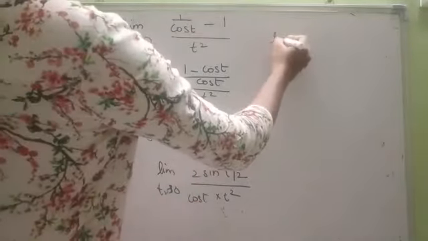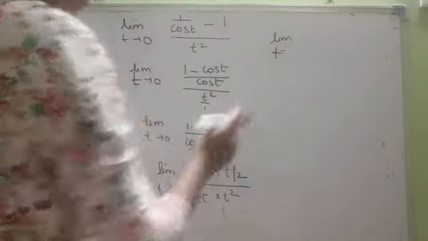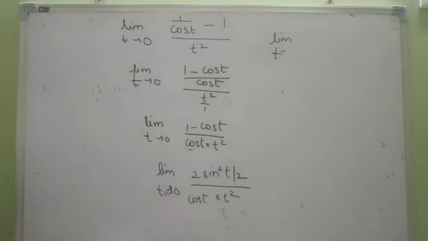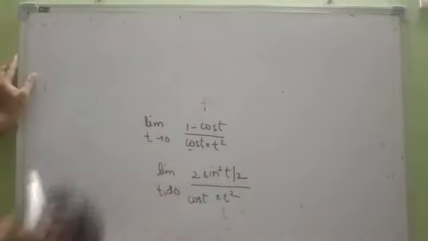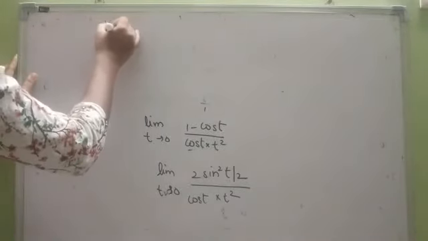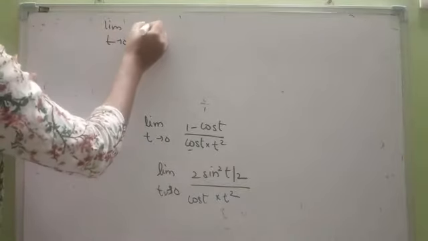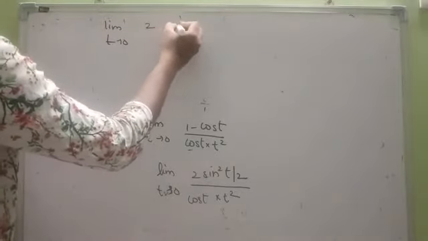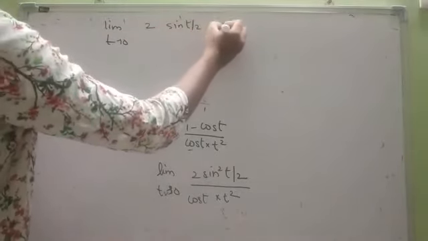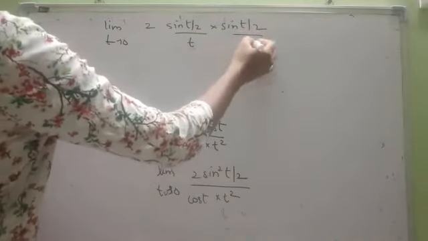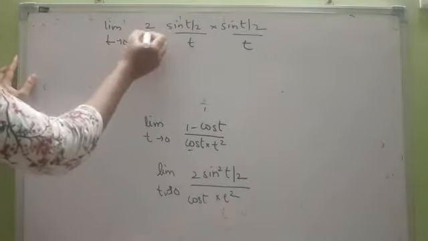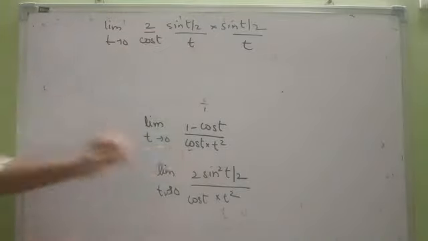Now this will be limit t tending to 0, sin square can be written 2 times sin of t by 2 into sin of t by 2 upon t. Okay, and this cos t you can keep at the side.